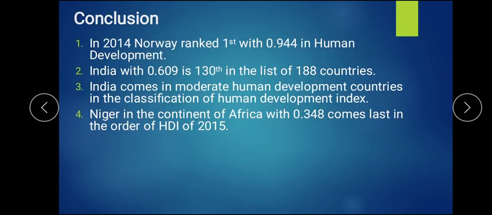Norway comes with the first rank, India comes with 130 rank among the 188 countries, in the medium development classification, and Niger, a country of the continent of Africa, with 0.348 points, comes last as per the HDI of 2015.